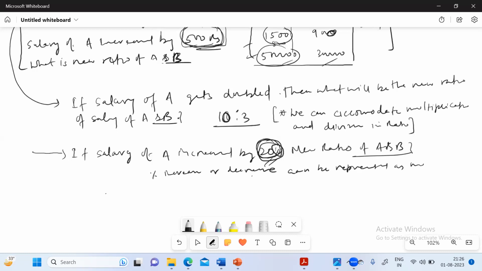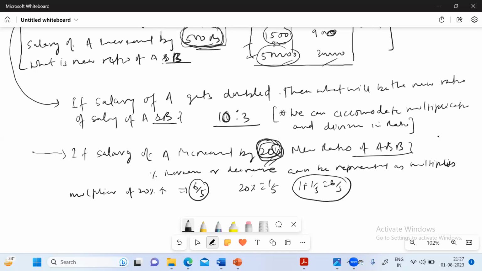Yes, sir. So what is the multiplier of a 20% increase? 6/5. Yes. So to increase a number by 20%, we can just multiply it by 6/5. How? 20% is 1/5 of the number, and if you add 1/5 of any number, you get 6/5.